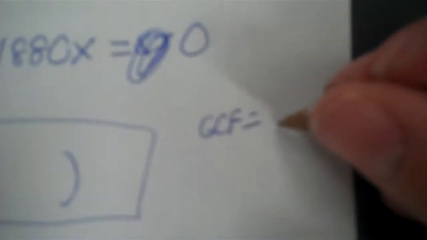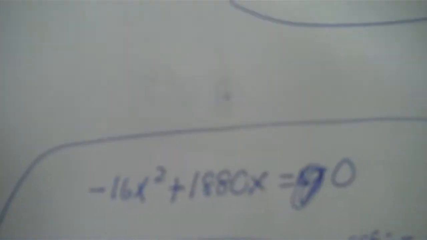Negative in front, yeah, I have x on everything. Now I need to check to see 16 and 1880. Factors of 16: 1 and 16, 2 and 8, 4 and 4. Okay, let's see if 1880 divides by any of this stuff. Let's try 16 first because that's the biggest factor.